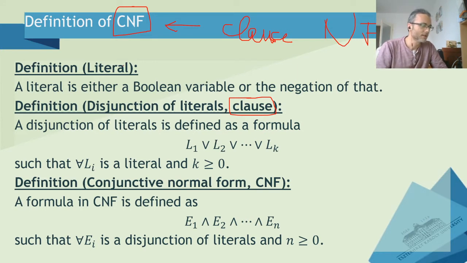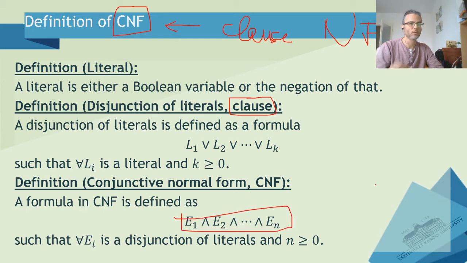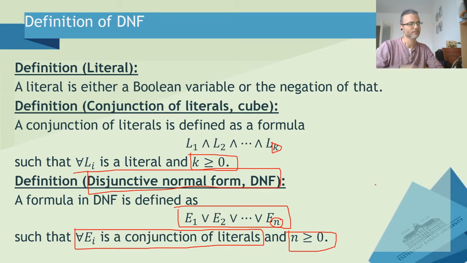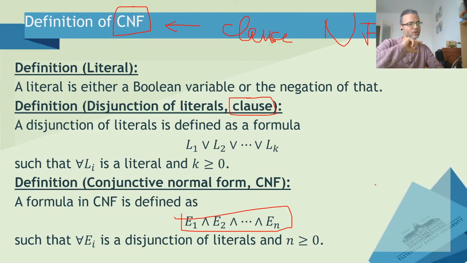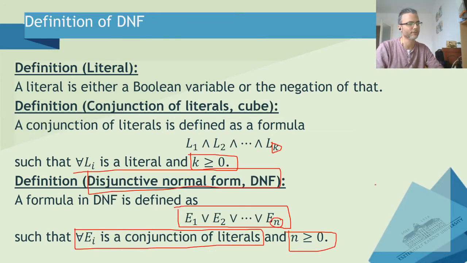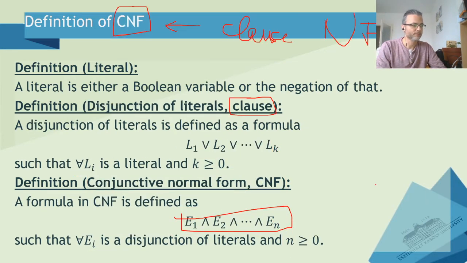Now we have clauses, and those clauses are connected with conjunctions. So we use disjunctions and conjunctions the other way around compared to DNF, and that's the only difference between those two normal forms.